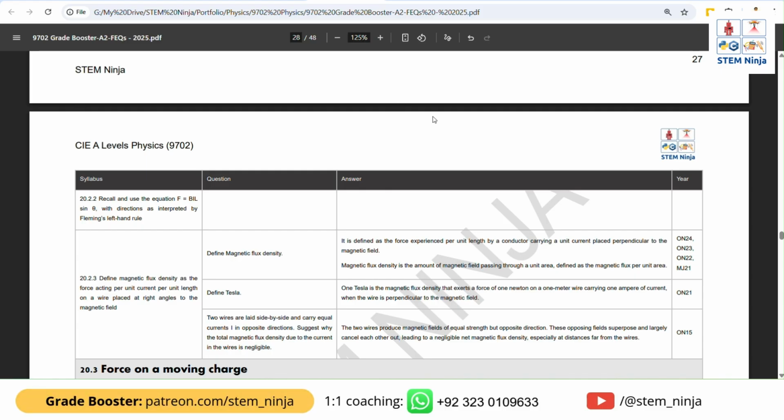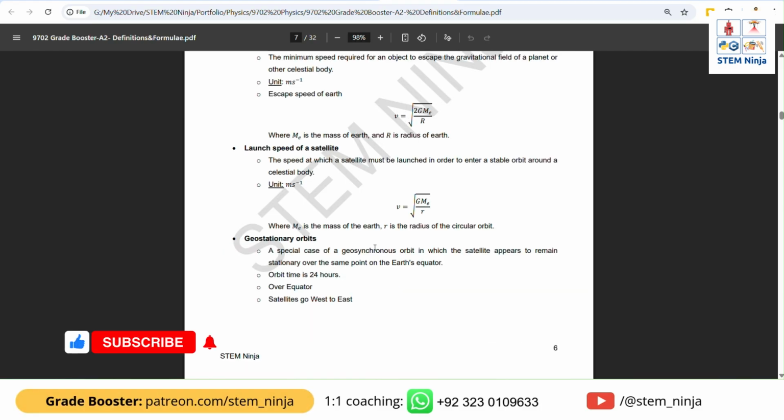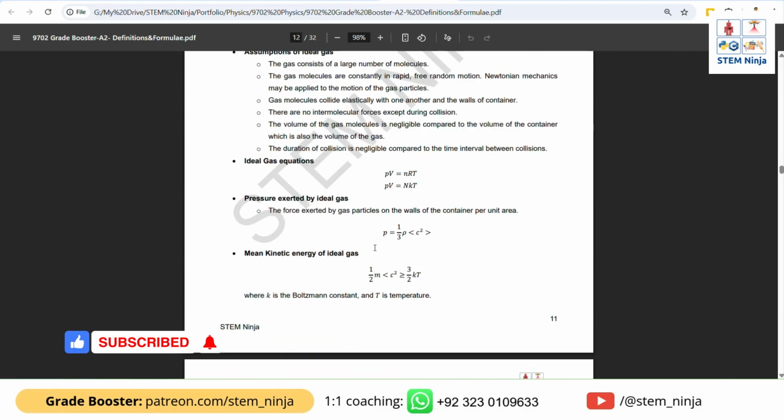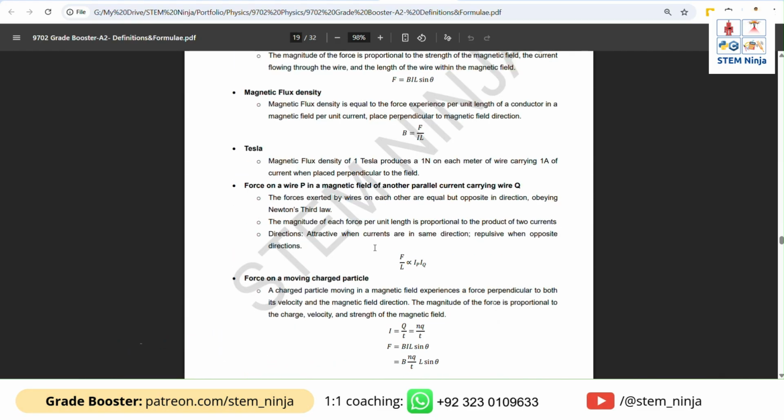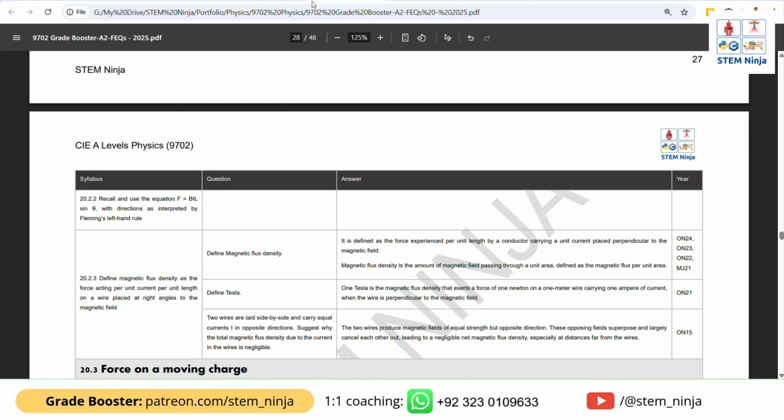So basically the force is equal to BIL, that's what we have to rearrange. And we have this in the formulae and definitions also. So if you see this over here, force experienced per unit length of a conductor in a magnetic field per unit current placed perpendicular to the magnetic field. That's literally just everything we need.